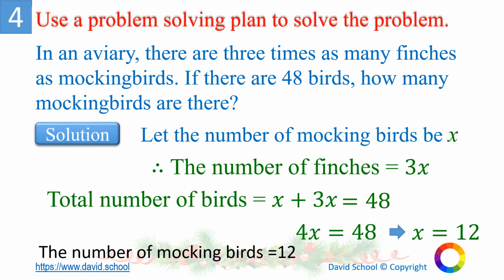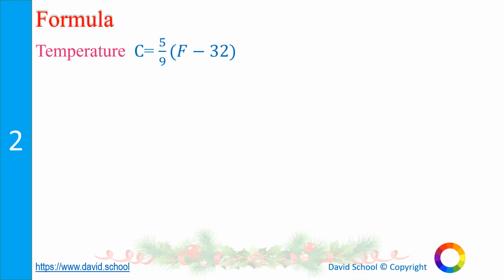Now we will see some formulas. C equals 5 over 9 times (F minus 32) is the formula we use to convert temperature in Celsius into Fahrenheit.